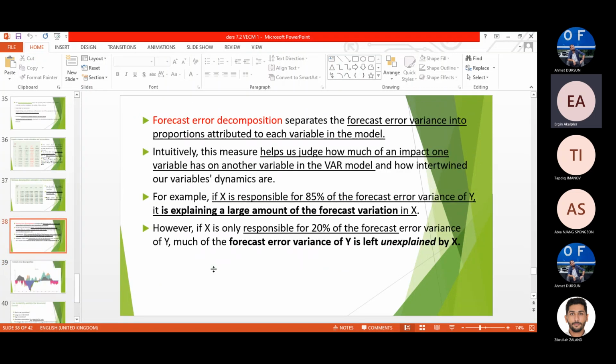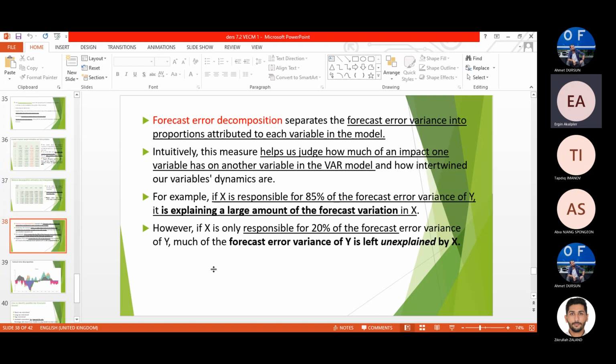Forecast error decomposition separates the forecast error variation into proportions attributed to each variable in the model. Intuitively, this measure helps users judge how much of an impact one variable has on another variable in the VAR model, and how intervened the variable dynamics are.